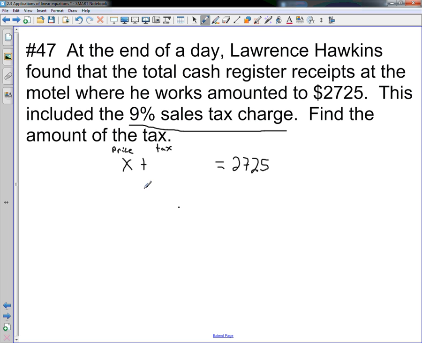And to determine tax, you take the interest or the tax rate, which is 9%, and we're going to multiply it by the original price of what we're working with. So the original price plus 9% of that will give us the total. Okay. Well, this has a 1 in front of it. This is a 1x. We combine like terms, so we have 1.09x equals 2,725.